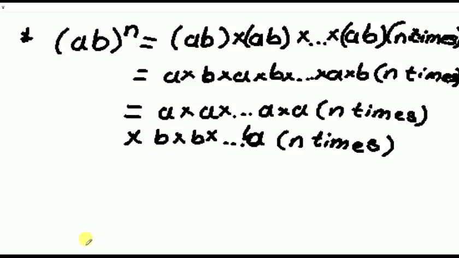So this is going to give us a to the power n multiplied by b to the power n.